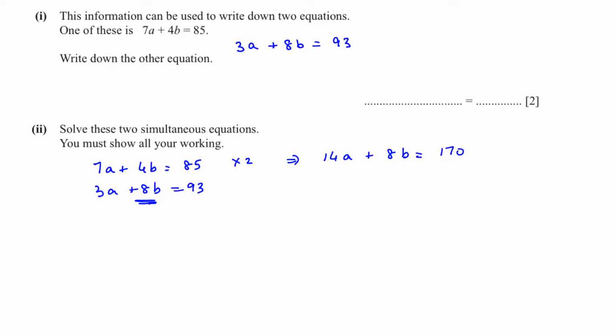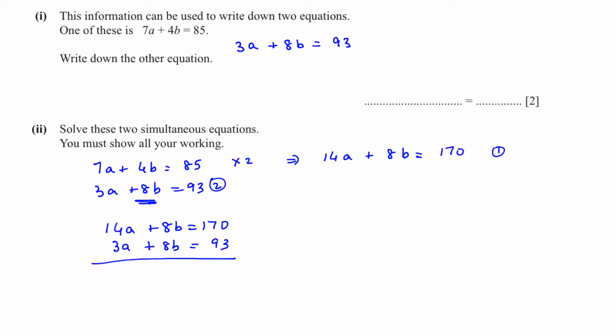This is my equation 1 and this is my equation 2. Write them down. 14a plus 8b is equal to 170 and 3a plus 8b is equal to 93. Remember a simple rule. Whatever you want to eliminate, I'm eliminating b. If the signs are the same, whether it's plus or minus, if they are both plus or both minus, we subtract.